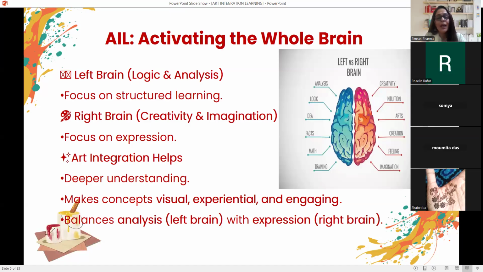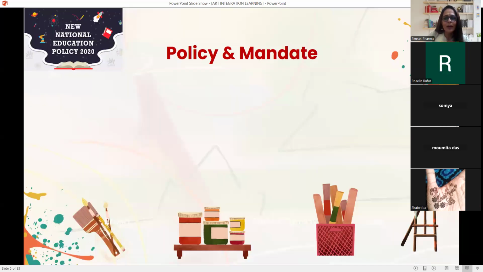He thinks it's difficult. But when you combine both, that logic and analysis along with expression, it covers the activity or the topic completely and gives them a better understanding of the topic that they are covering.